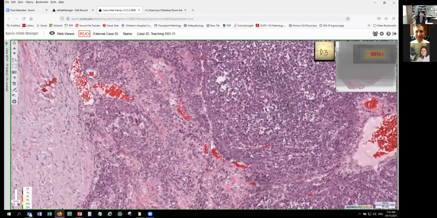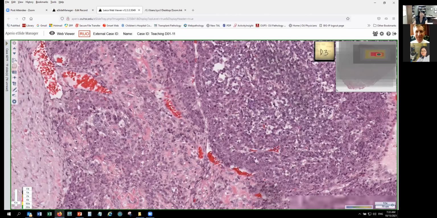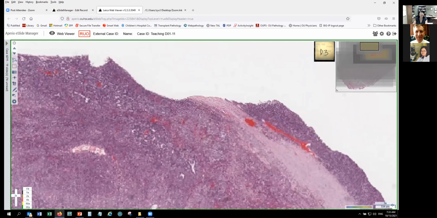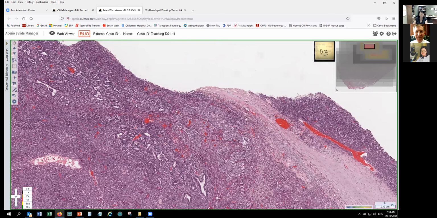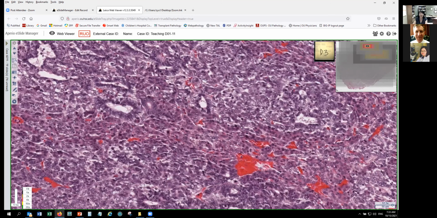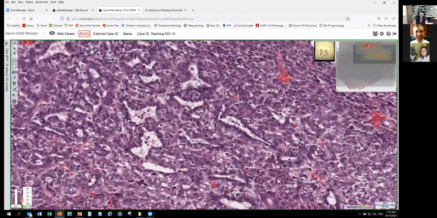Here's more like an embryonal type, more blue. And there's a little bit of cholangioblastic differentiation. You can see the tumor cells arranged to form a glandular appearance. This is a cholangioblastic differentiation. And also the background cells are very blue, those are embryonal type.